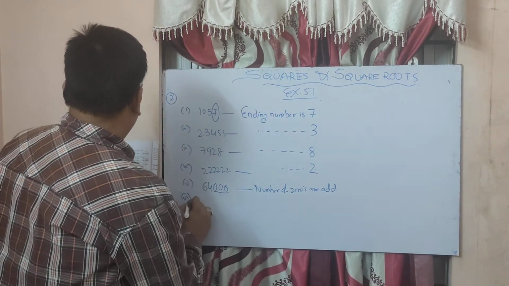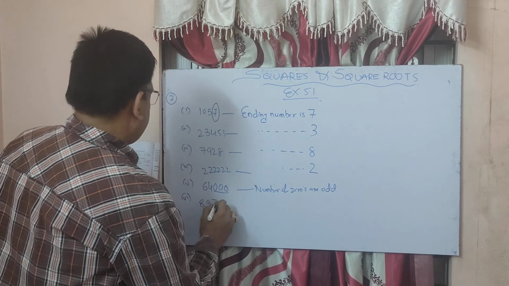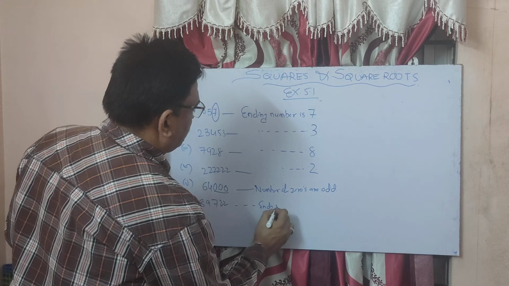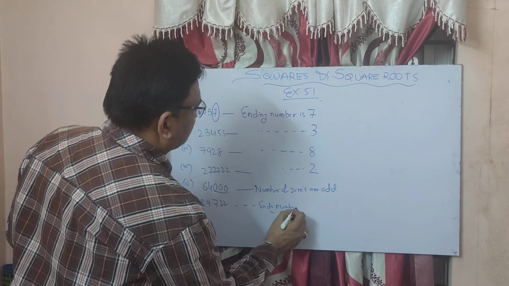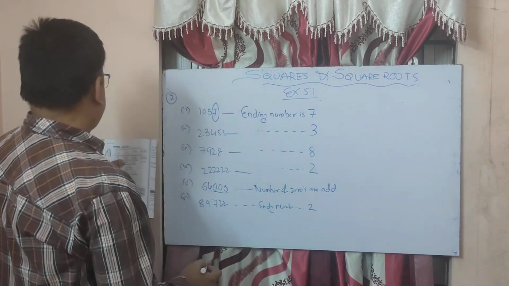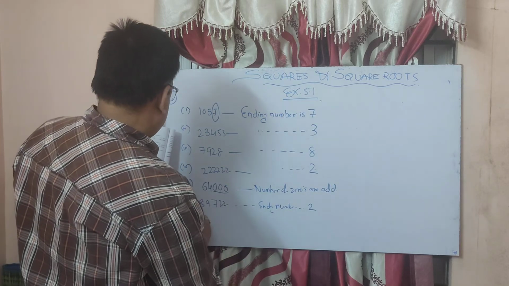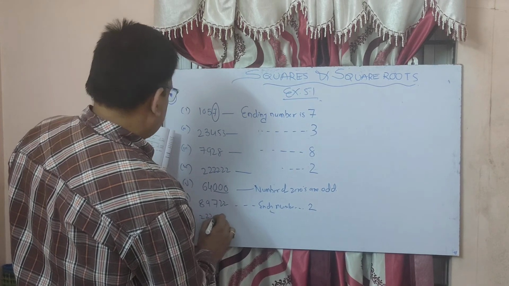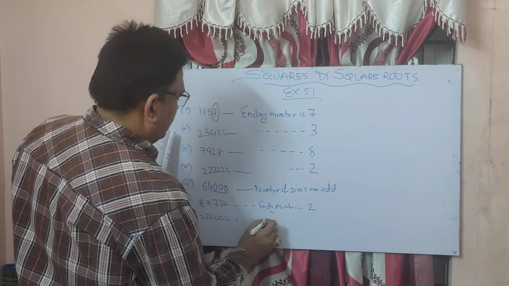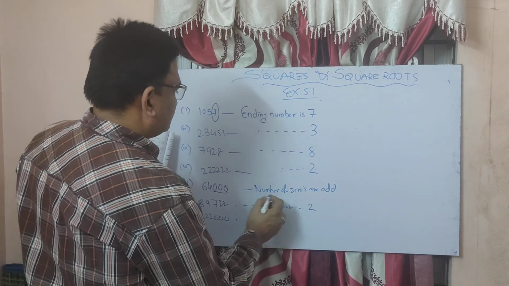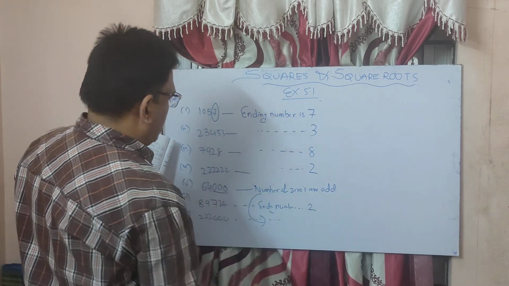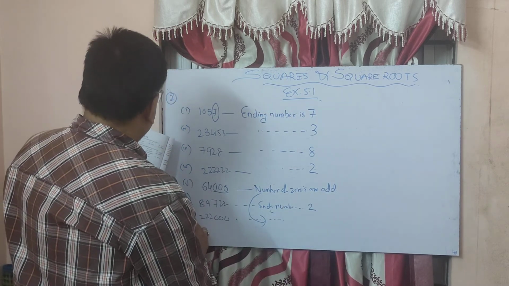Sixth one, 89722. Ending number, what is it? 2, cannot be a perfect square. Seventh one, 222000, ending number, the same thing you tried. Number of zeros are odd. Okay.